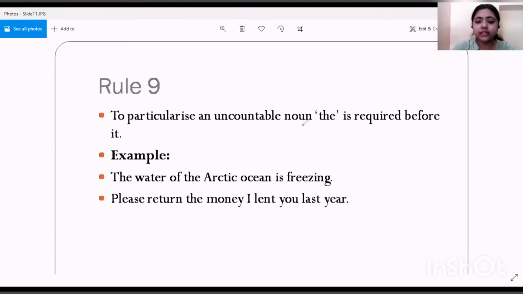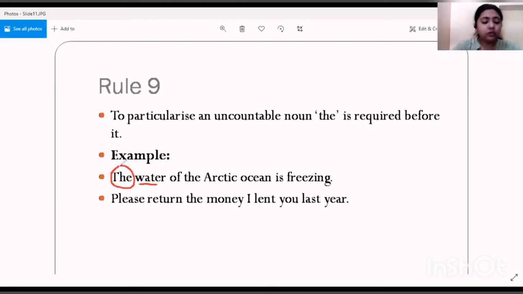So to particularize an uncountable noun, the is required before it. And let us look at the example. The water of the Arctic Ocean is freezing. Okay, so which water are we talking about particularly? We are talking about the water of the Arctic Ocean, which is freezing. So that is why we have used a definite article over here, the.